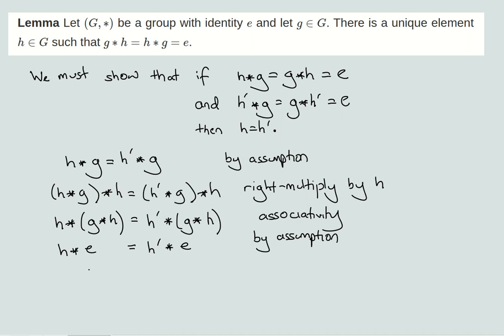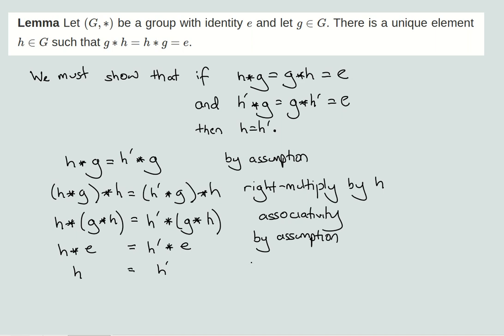Okay, but lastly, what was the defining property of the identity was that when you starred it with something, it didn't change that something. So the identity axiom would tell us that h star e is just equal to h again. And equally, that h prime star e is just equal to h prime again.